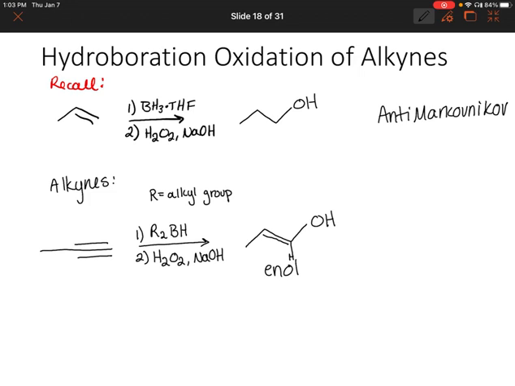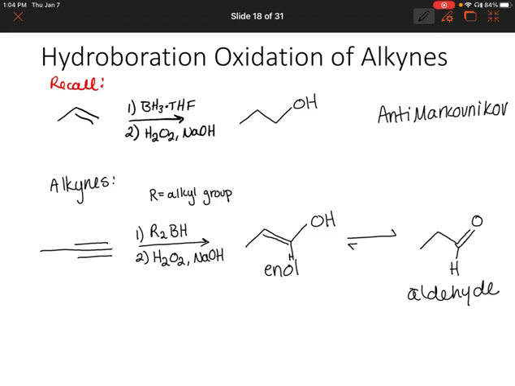Okay, so instead of a ketone, what we're going to see is an aldehyde, because there's a hydrogen on the very end of that molecule. So there's still tautomerization occurring here, similar to acid-catalyzed hydration, but instead of a ketone, we end up with an aldehyde because the OH group is on the less substituted carbon.